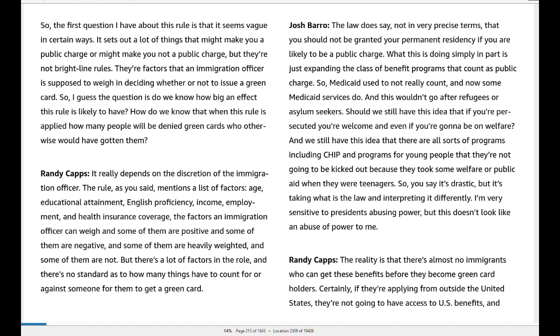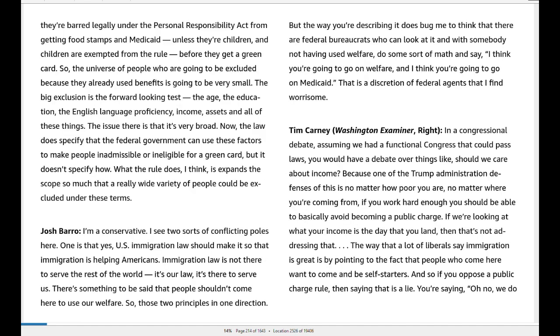Capps: The reality is that there's almost no immigrants who can get these benefits before they become green card holders. Certainly, if they're applying from outside the United States, they're not going to have access to U.S. benefits. And they're barred legally under the Personal Responsibility Act from getting food stamps and Medicaid, unless they're children, and children are exempted from the rule before they get a green card.